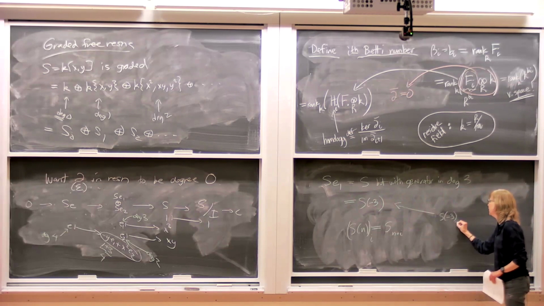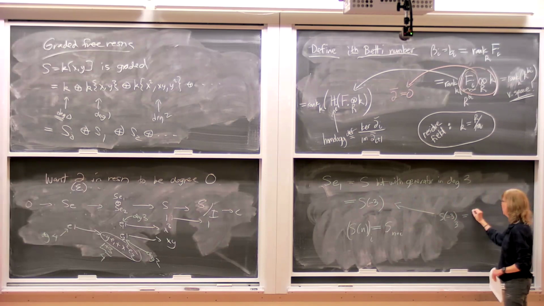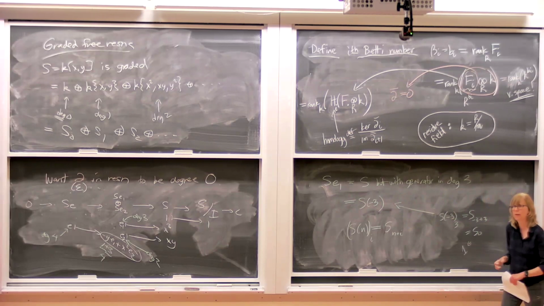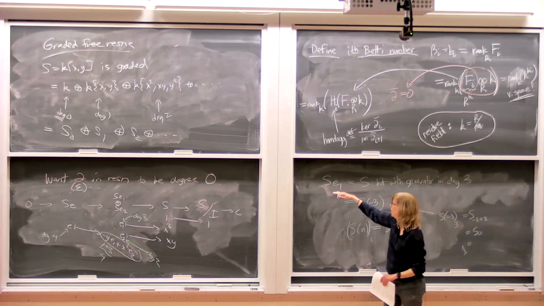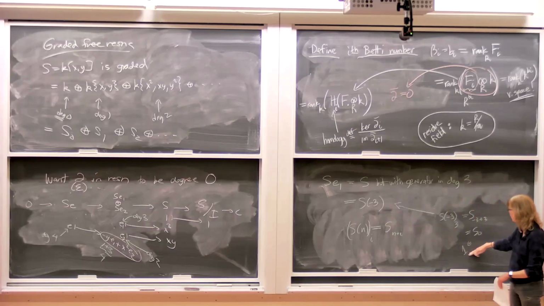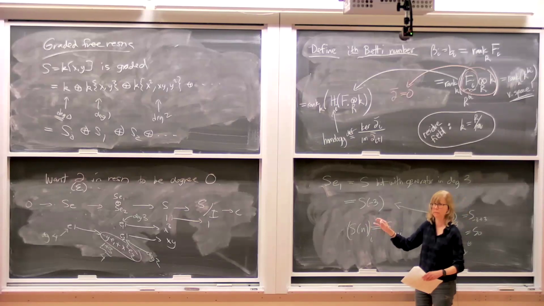S(-3) sitting in degree 3 is -3 plus 3, which is S0. And that contains the element 1, the basis element. So the basis element can either be called E1 or it can just be called like S shifted, but the 1 is thought of as sitting in degree 3 now instead of degree 0. But it's written with the -3 shift.